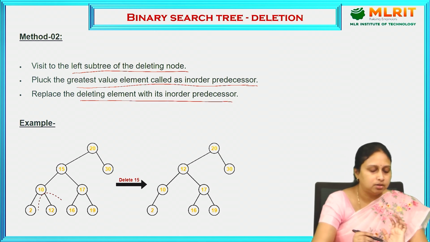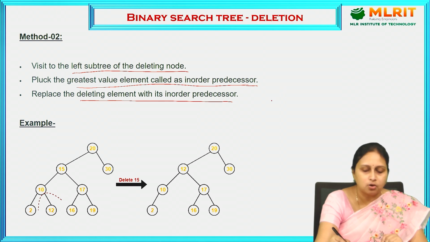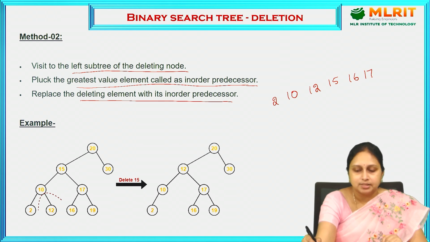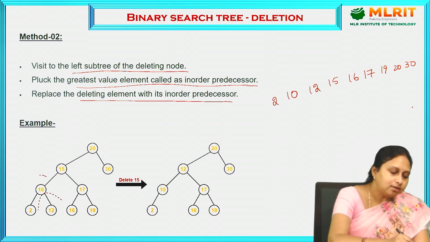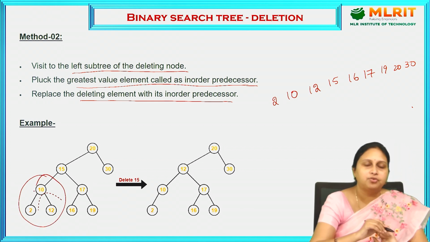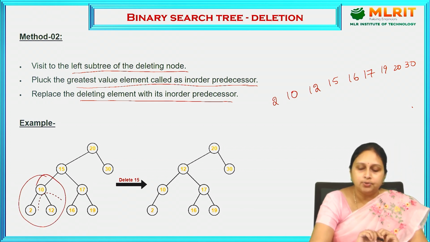The same thing, if I write the same elements in order: 2, 10, 12, 15, 16, 17, 19, 20 and 30. This is the in order traversal that you are going to get. If I select the left subtree from this, I need to take the in order predecessor.